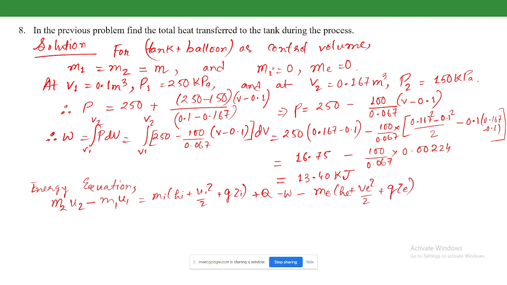Now Me is 0, Mi is 0, and M2 is equal to M1.